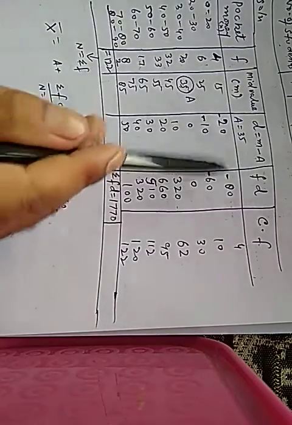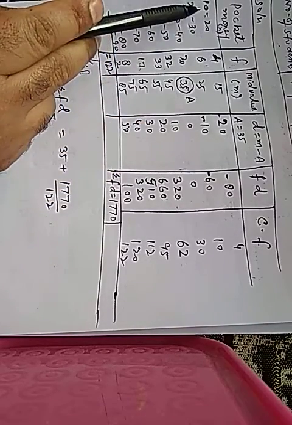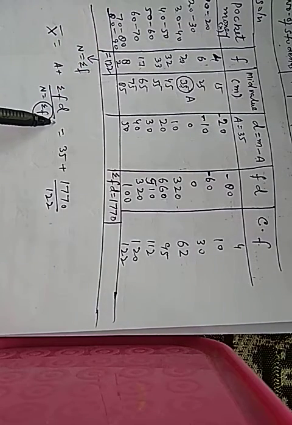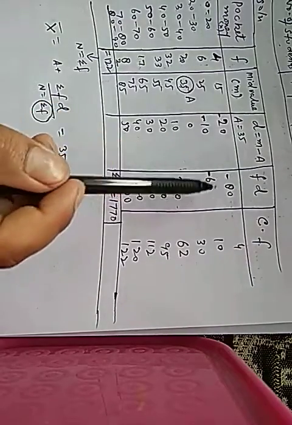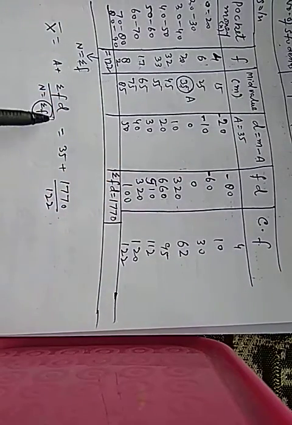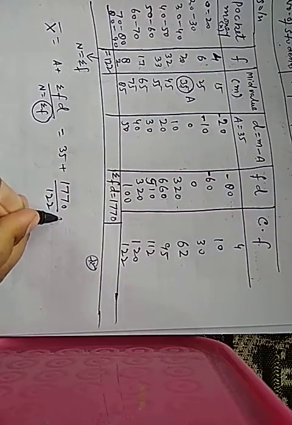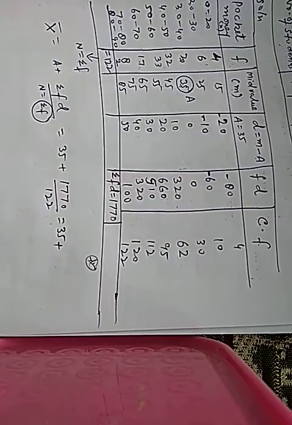If we had divided this D by I, that is the size of the class interval, which is 10 in our example, then we would have to multiply this by I. But we have not divided this D by the size of the class interval, therefore we do not have to multiply by I. It will be equal to 35 plus 1770 divided by 122.